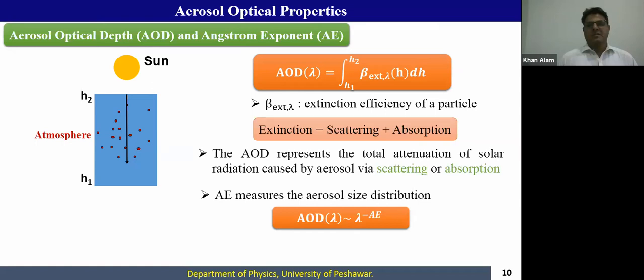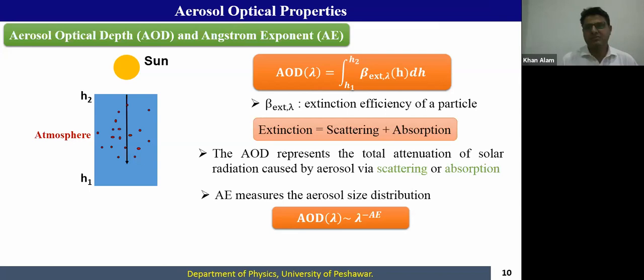Here, beta inside the integration, and then it is a height. So beta extinction basically is the extinction efficiency of a particle. Extinction is basically when the solar radiation is passing through any layer, it results in scattering and absorption. This process is called extinction.